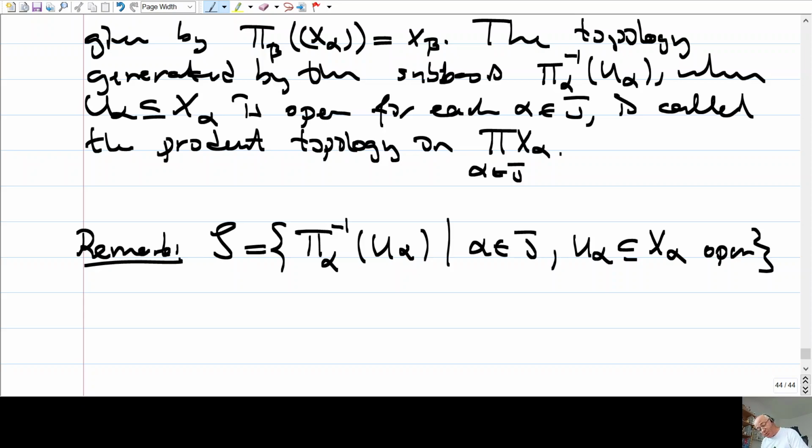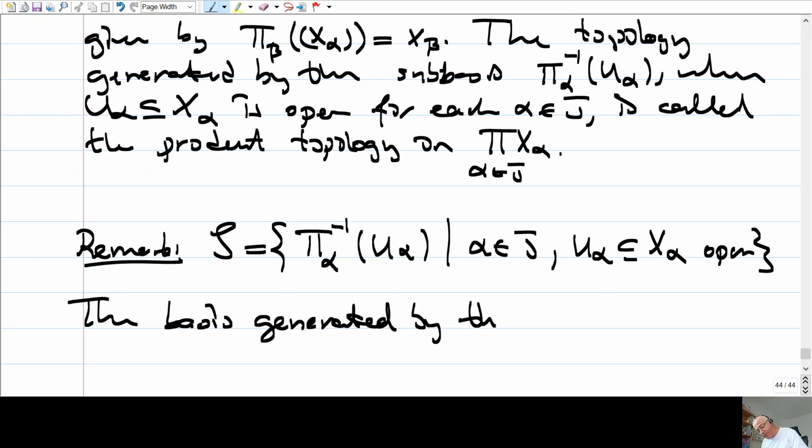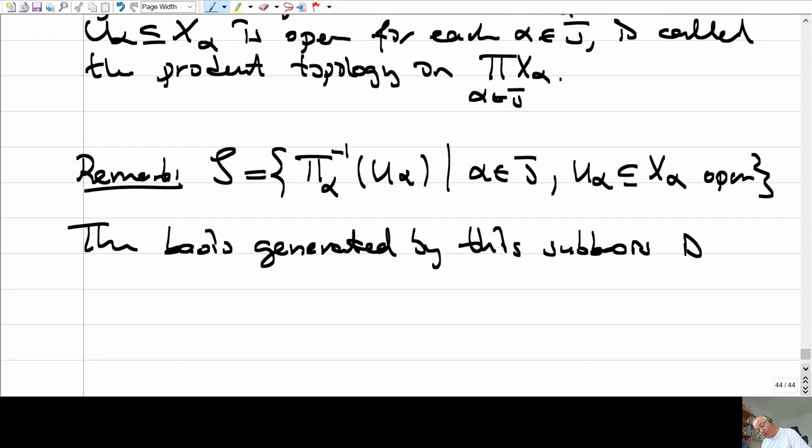But what about the basis corresponding to this one? So the basis generated by this sub-basis is what? It is finite intersections of such objects, right? Let me put it this way.